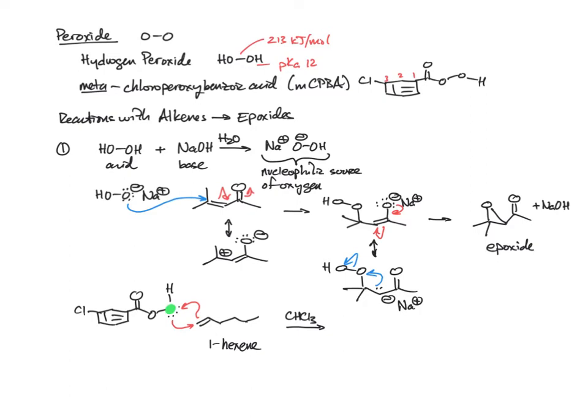So that may be a new sort of mode of reactivity that we haven't seen before, where we have an oxygen acting as a nucleophile, attacking an electrophile, then the electrophile itself acting as a nucleophile, attacking that electrophile. So that's really what we mean here when we're showing that.